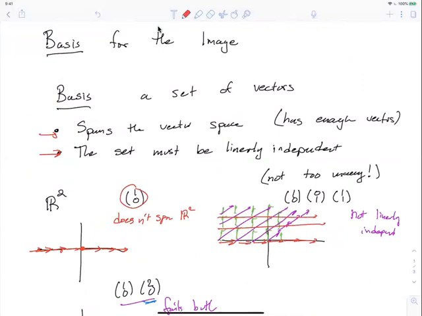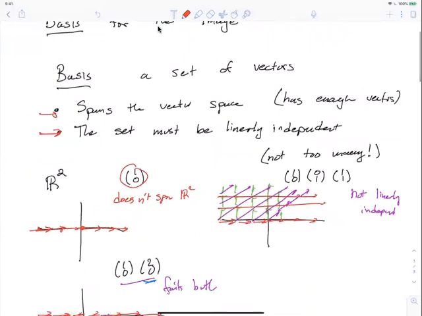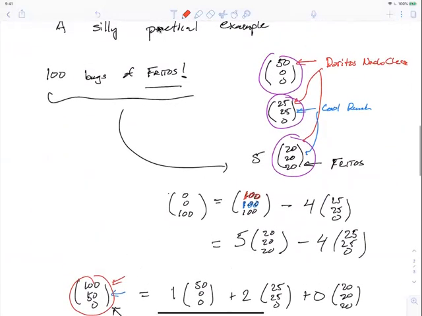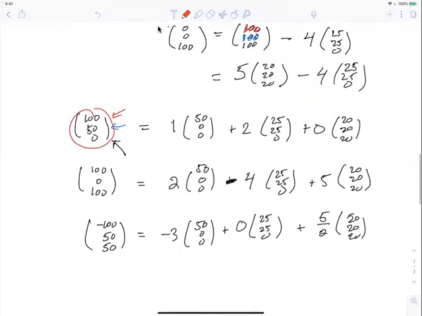And the second requirement tells us that that combination is in fact unique. So because this is a basis, because this spans R3, there's 3 vectors and those vectors are linearly independent, there's a unique way to represent every vector as a combination of these. So you cannot come up with anything else.